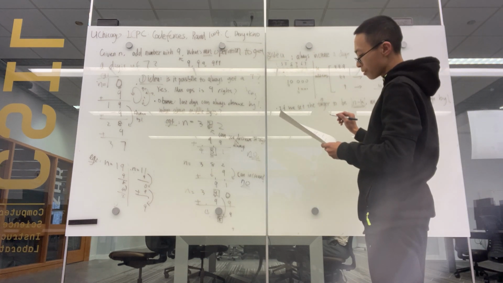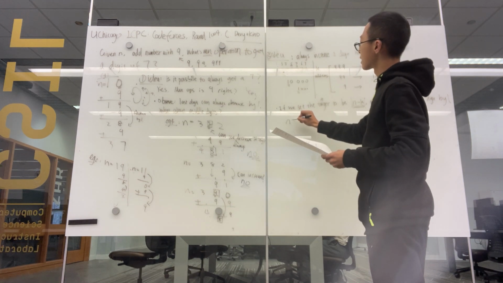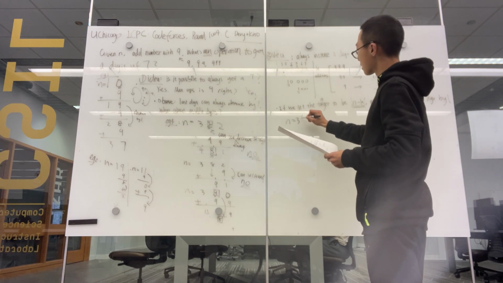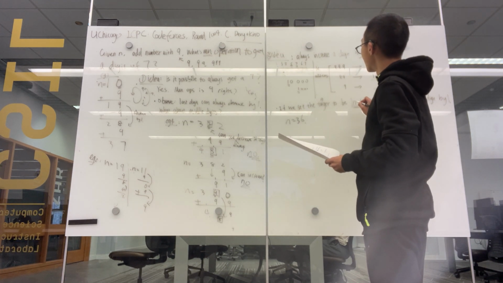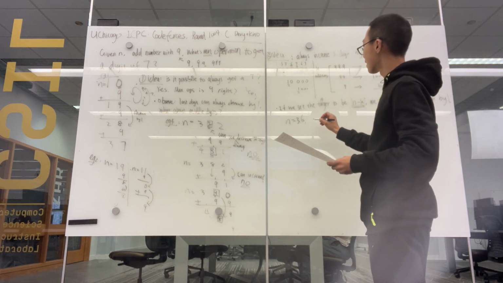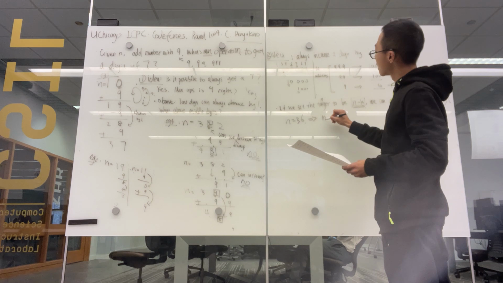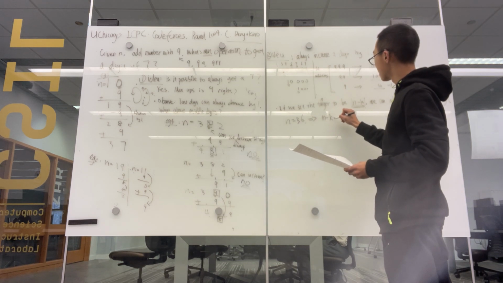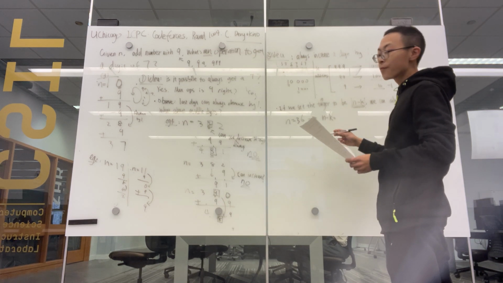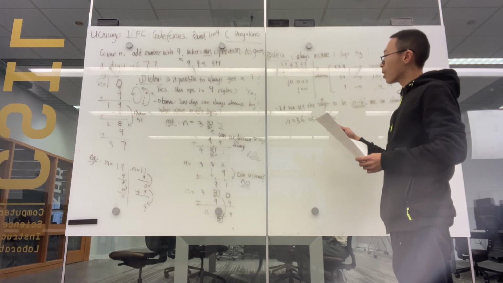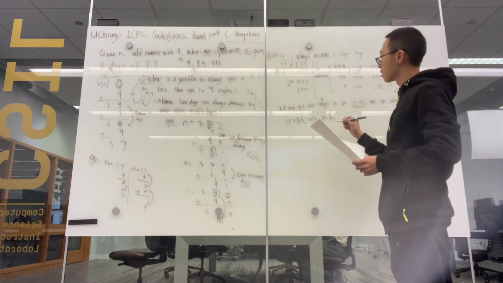For example, if n is 36, what's n minus k? We first need to decide what k to put.